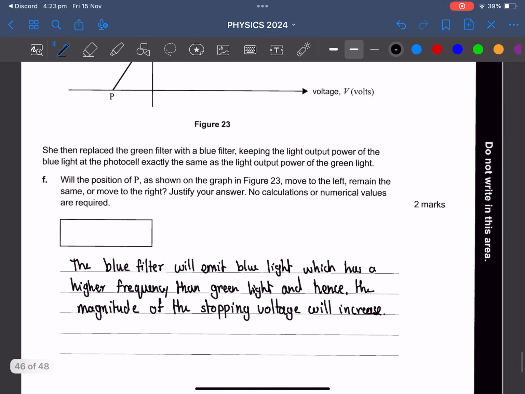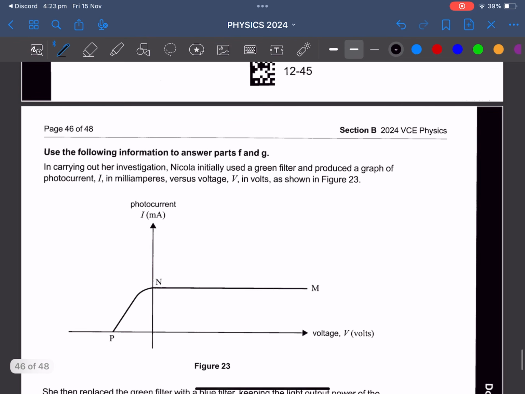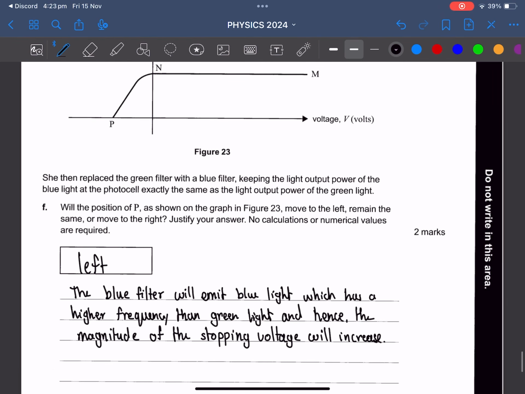Okay, so it will move to the left. P will move to the left. Okay.